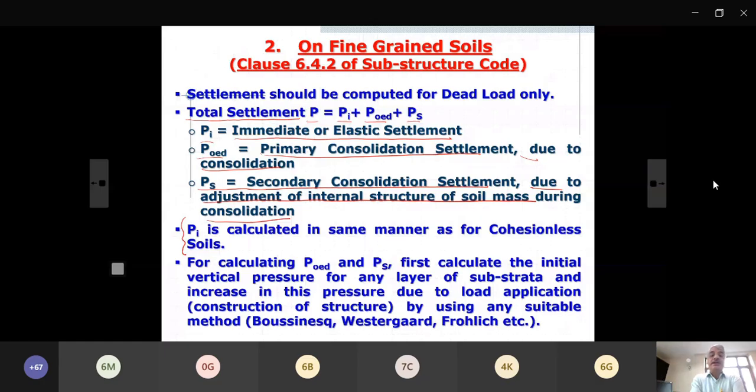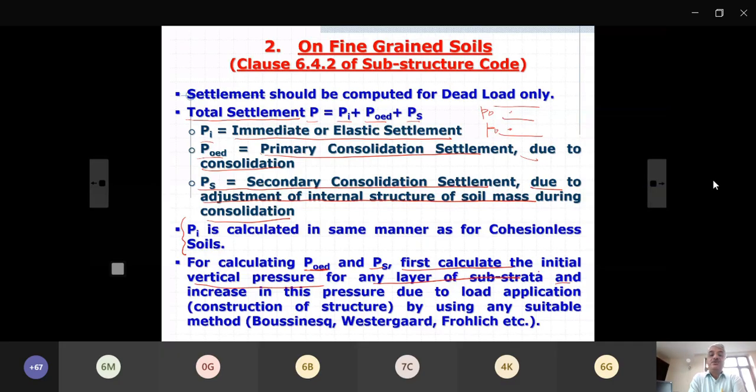And for calculating P oedometric or primary settlement and secondary settlement, as I told you, first calculate the initial vertical pressure for any layer of substrata. So if you have got 2-3 layers, for every layer, what is the initial pressure? For every layer we calculate P0 before application of footing and this other dead load.